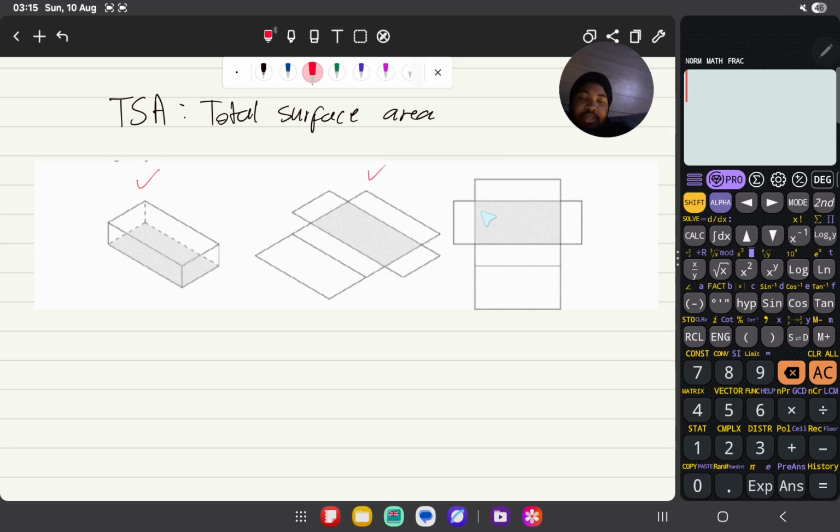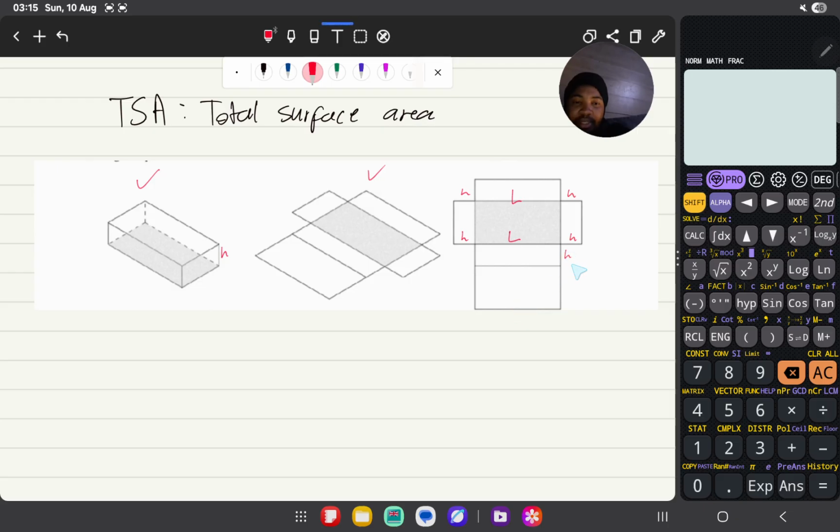So this is my base then. This becomes the height, right? And this is the length.